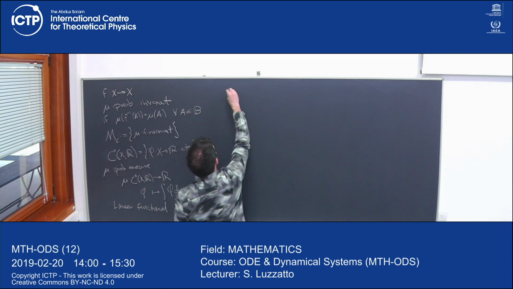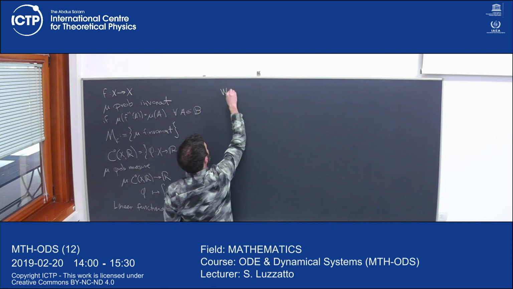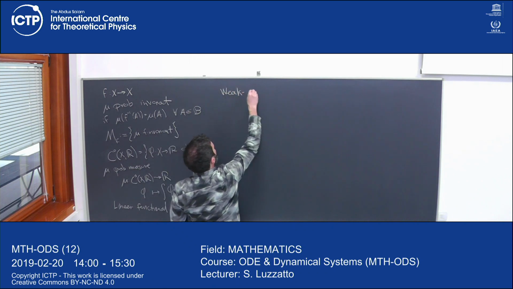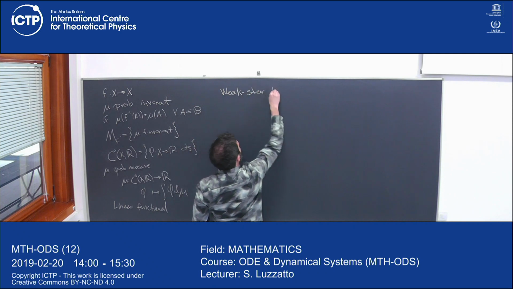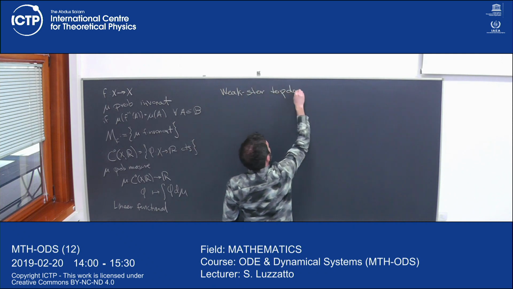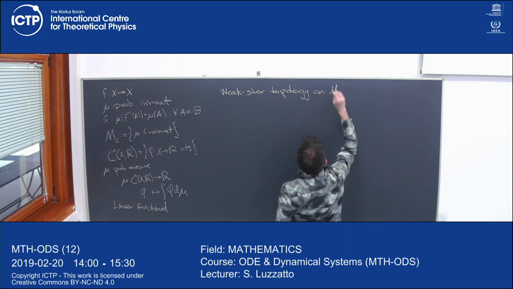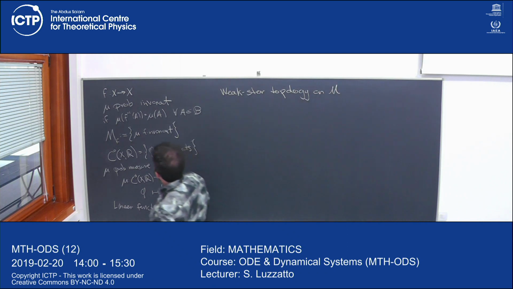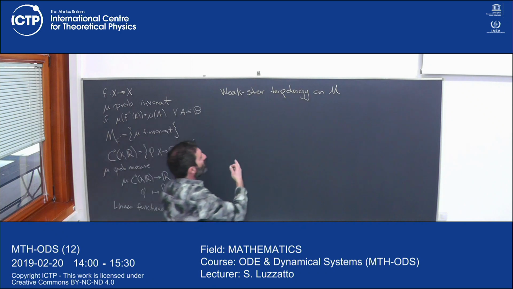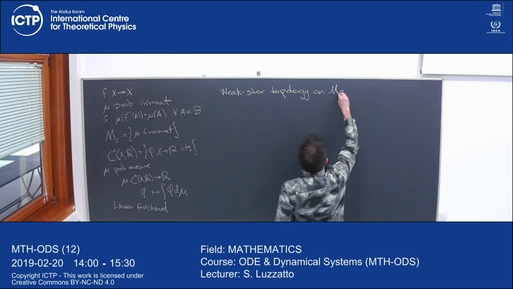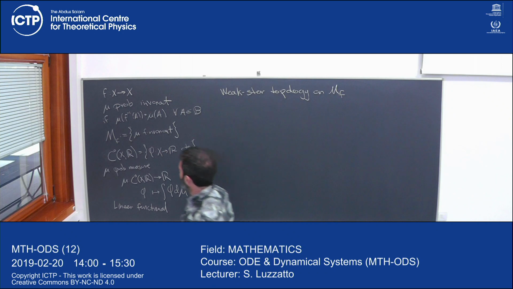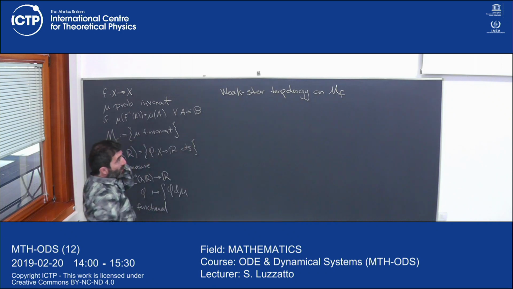So we can define the weak star topology on M, or on M_f. The definition is the following.